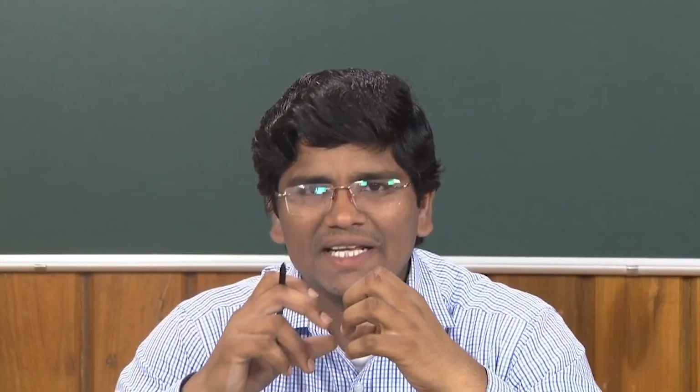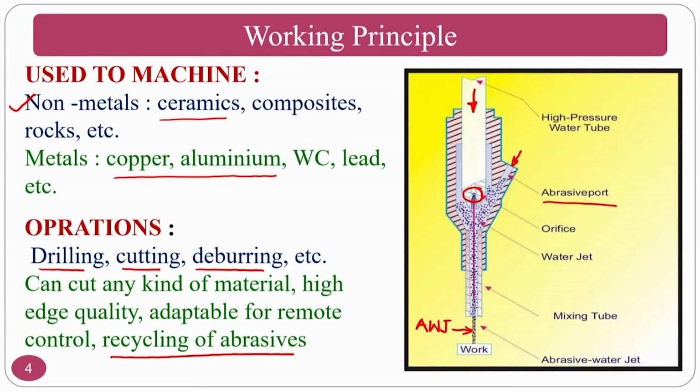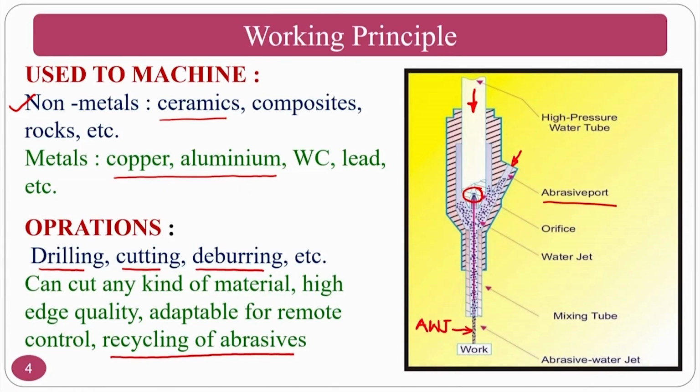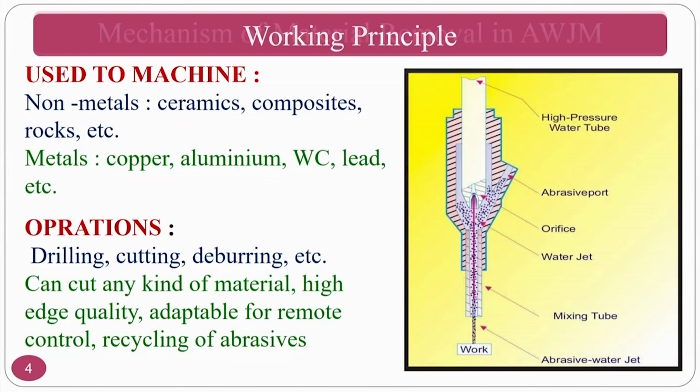At the same time there is a possibility of adherence of the workpiece material to the abrasive particles, which may make the abrasive particles dull, but here you have a carrier medium of water. So, the cooling ability is there and lubrication ability is there, because of which the chances of the adherence of the workpiece chips onto the abrasive particles is slightly less, but that is why you can recycle the abrasive particles in this abrasive water jet machining process.